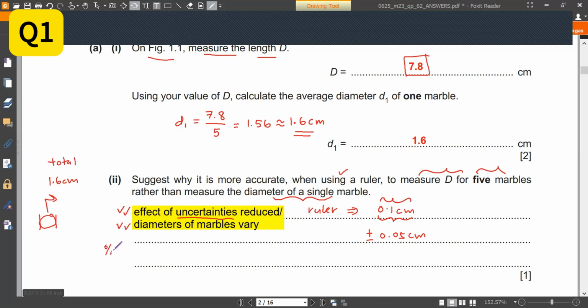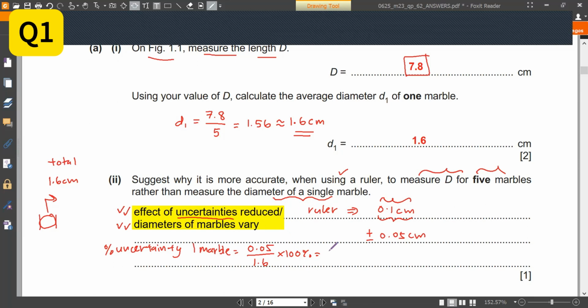So our percentage uncertainty for one marble will be 0.05 divided by the total 1.6 multiply 100%. So that will give us 0.05 divided by 1.6 multiply 100.